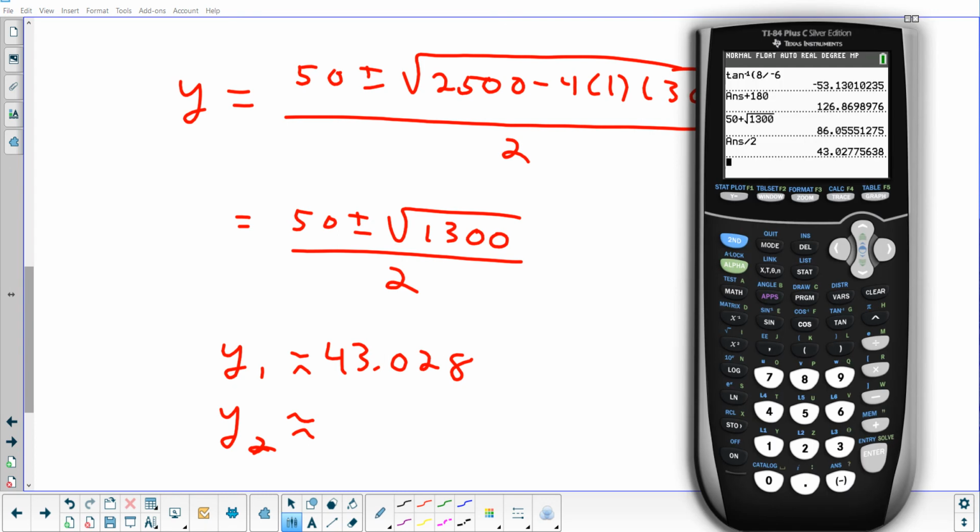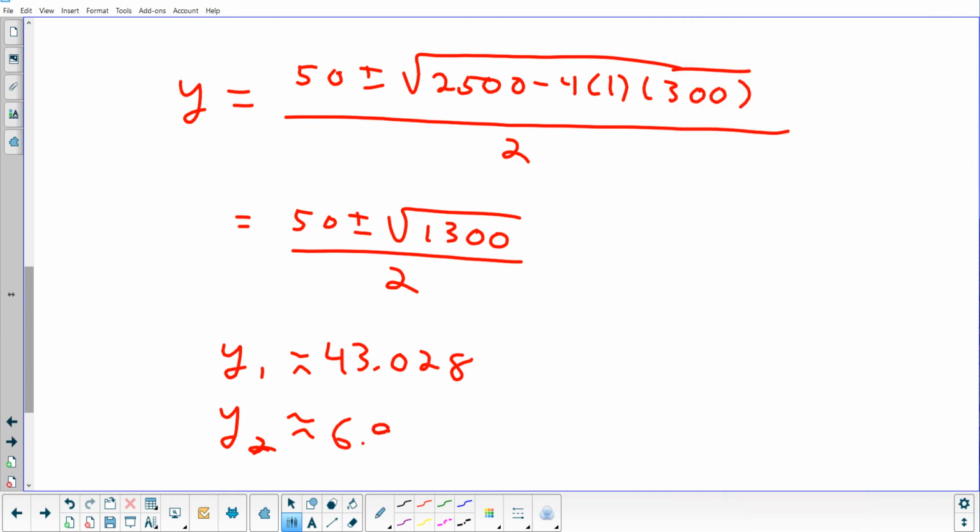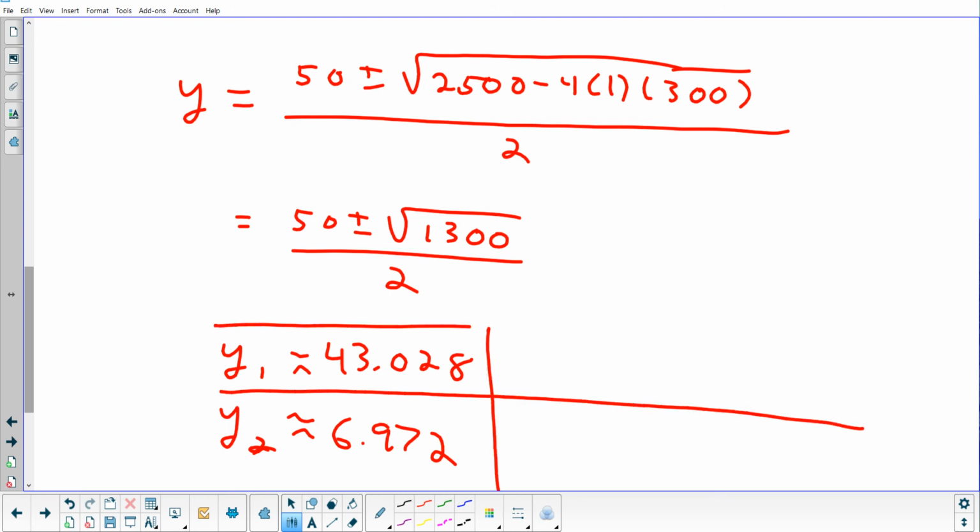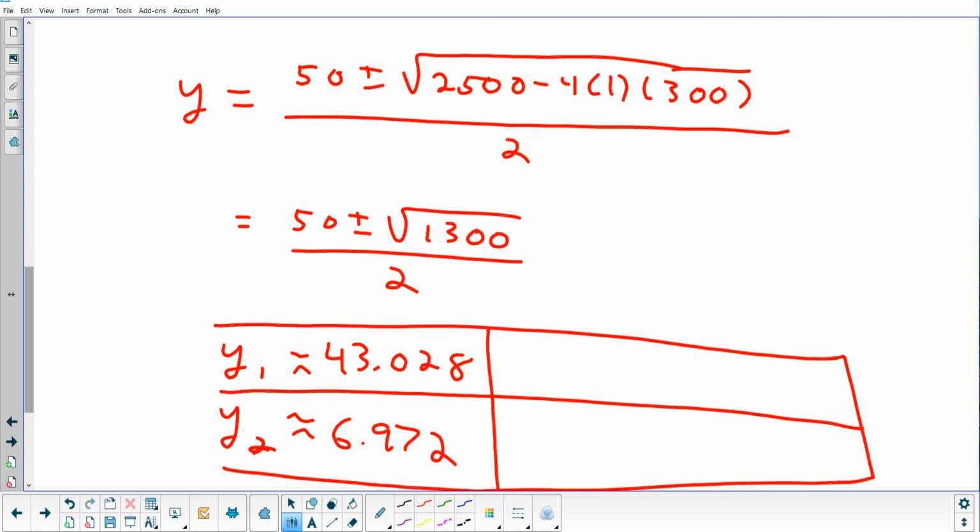And now do the same thing, except do 50 minus the square root of 1300, and divide that by 2. And we get 6.972. Okay. So there's our first two values, y1 and y2.